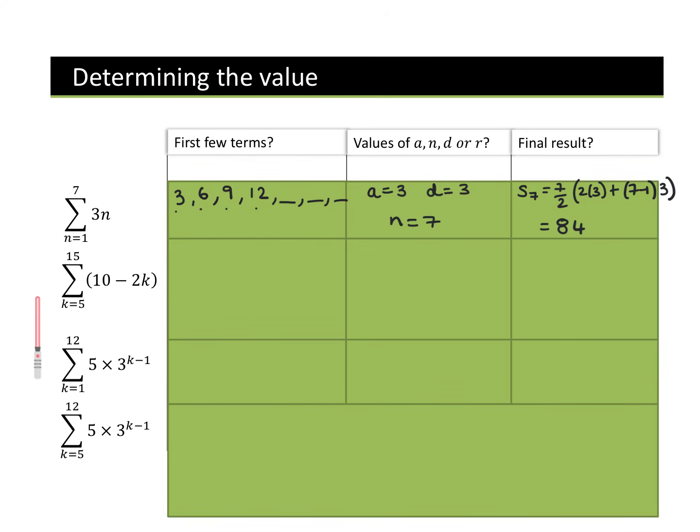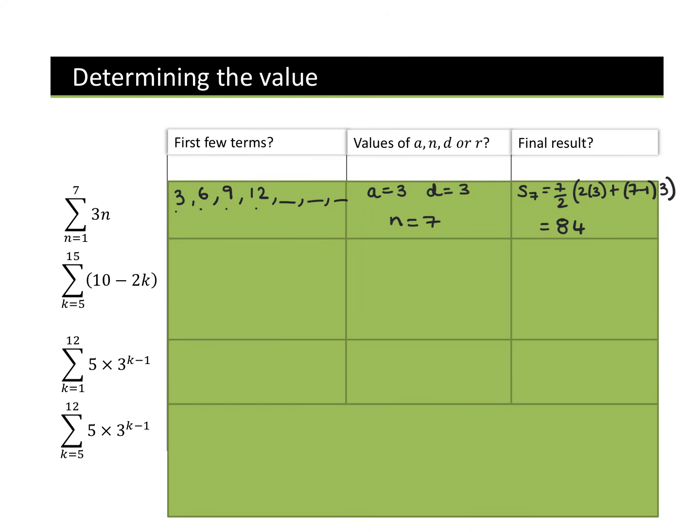Between 5 and 15, how many numbers is that? We're going to count: 5, 6, 7, 8, 9, 10, 11, 12, 13, 14, 15. Between 5 and 15 is 11 numbers, inclusive of 5 and 15. Watch out for that. A lot of people get this wrong.